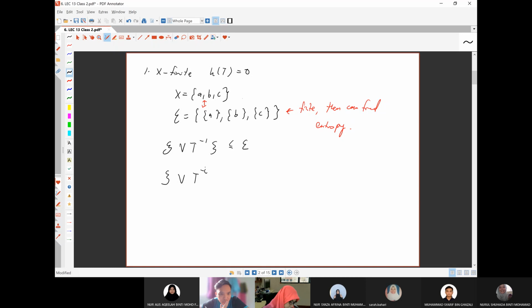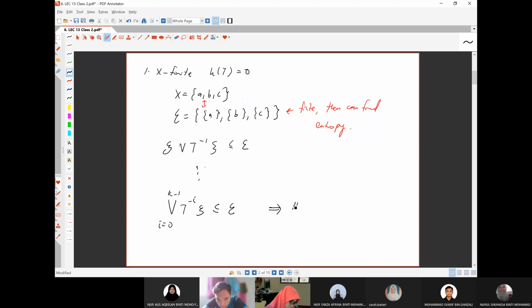If you do that for 3 partitions, 4 partitions, and so on, until the join of partitions T minus i psi less than epsilon.